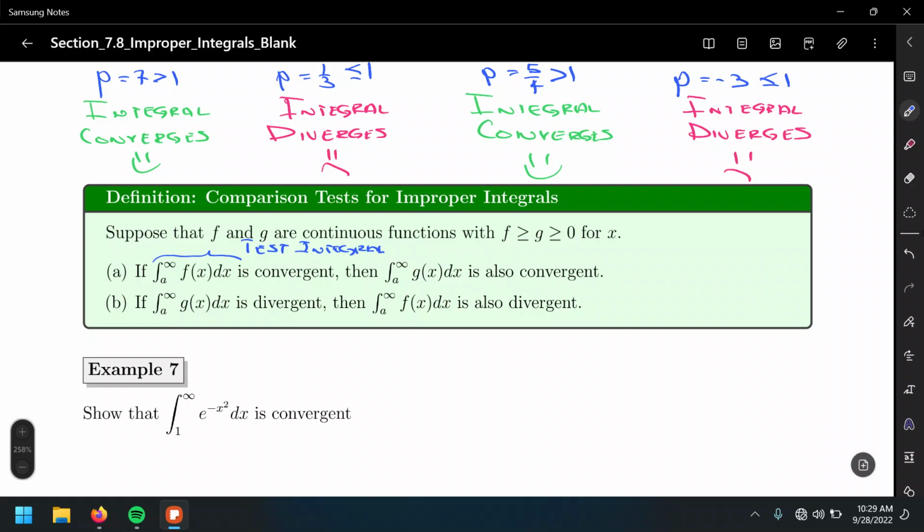And when it comes to divergence, in this case it's also our test integral. So this is what we have to do. g of x, which is our problem, has to be less than or equal to f of x.